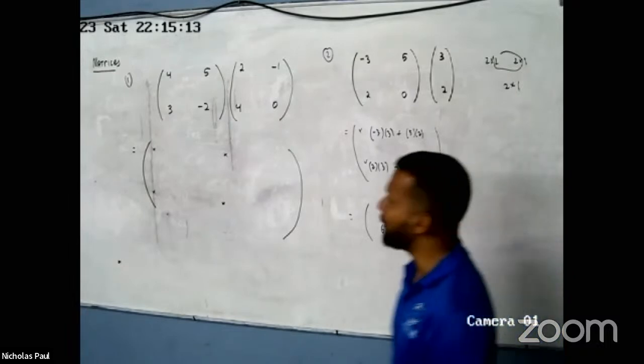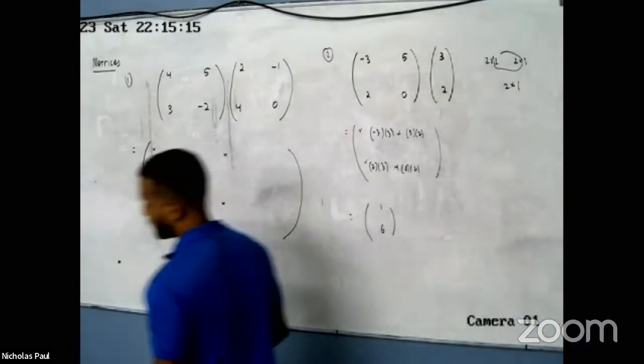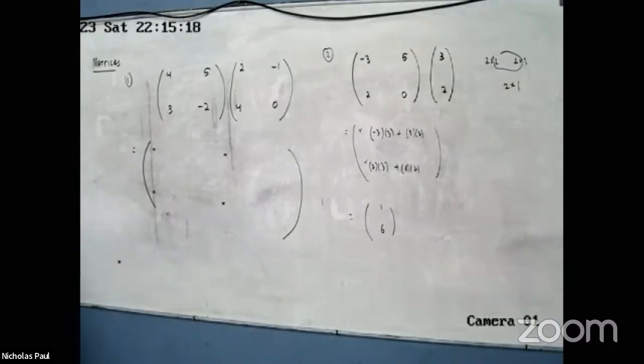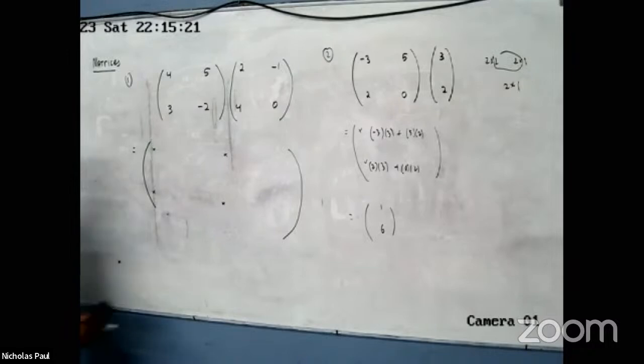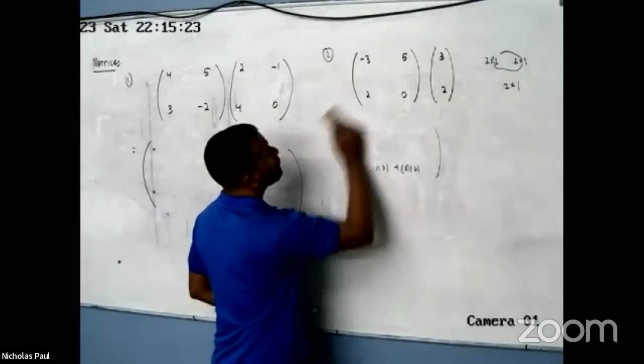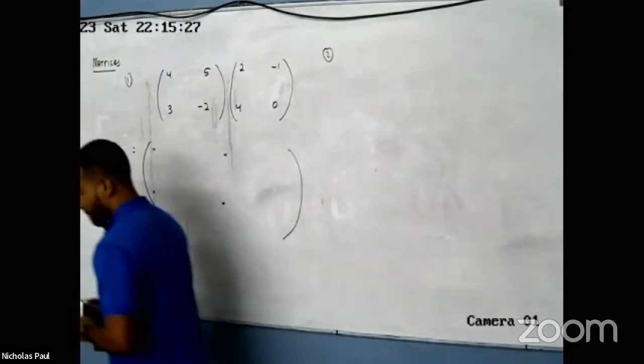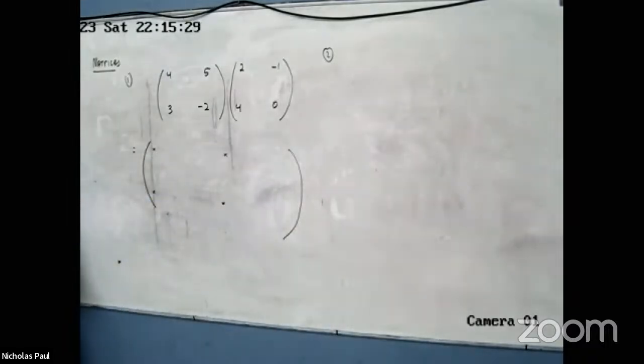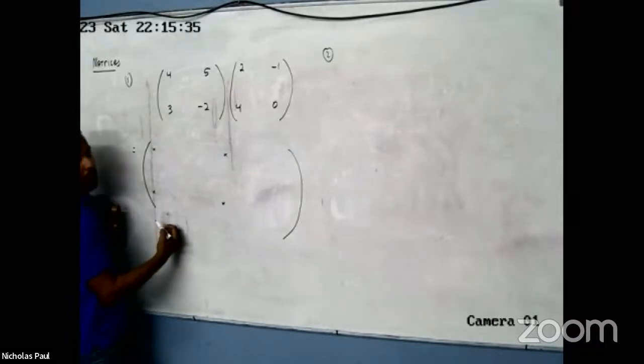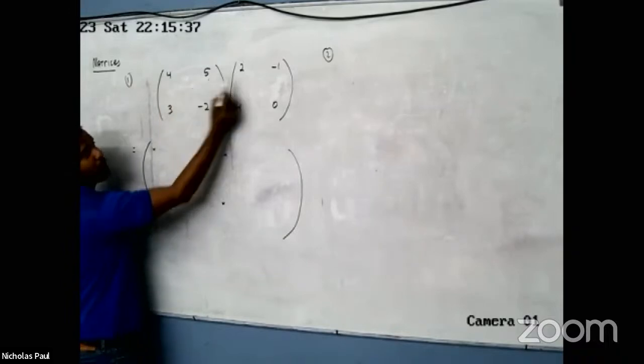Right? So it's row by column, right? Are you ready? So watch this here. So you're multiplying row by column.